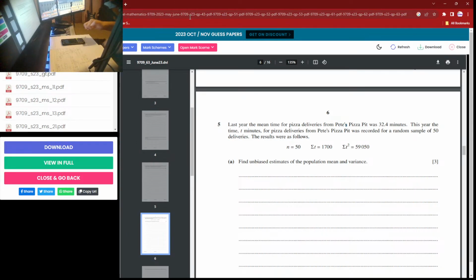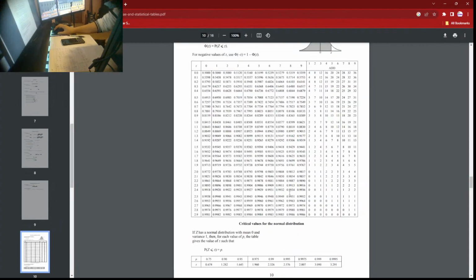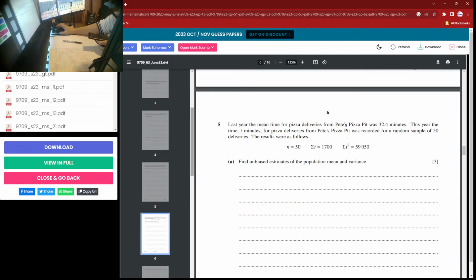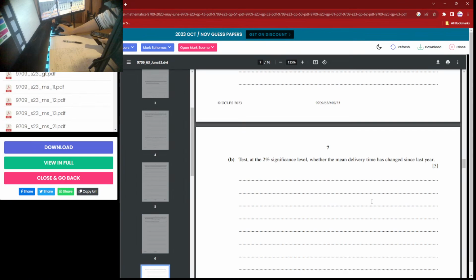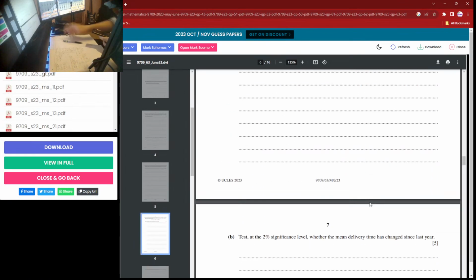So more than 2.24, we will get 1 minus phi of 2.24, which gives us 1 minus 0.9875. So 1 minus 0.9875 gives us 0.0125, which is less than 2%, less than 0.02.